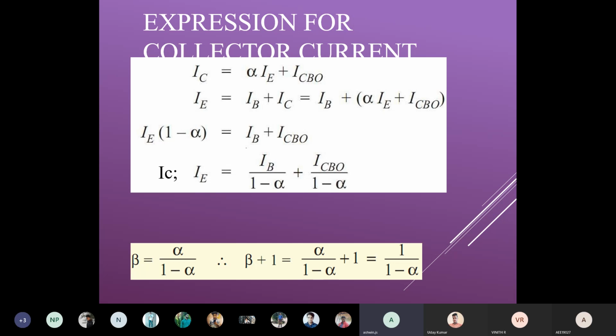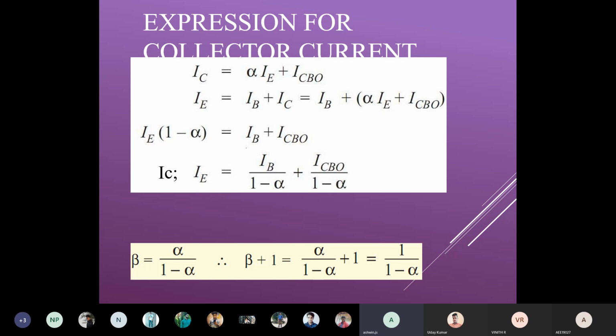And already we know the relationship between beta and alpha, we already derived it, right? That is what is written here. So beta is equal to alpha by 1 minus alpha. Okay, and I'm just adding 1 to the left hand side and right hand side. So the equation will become beta plus 1 is equal to alpha by 1 minus alpha plus 1.